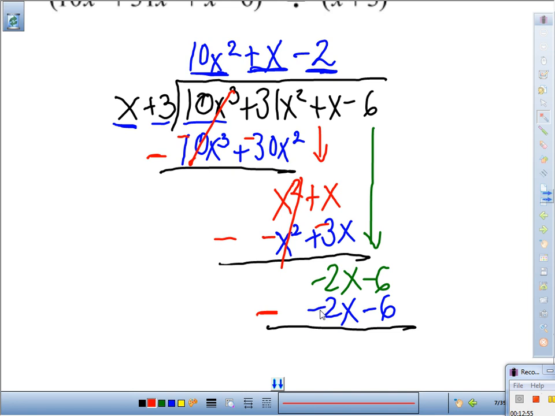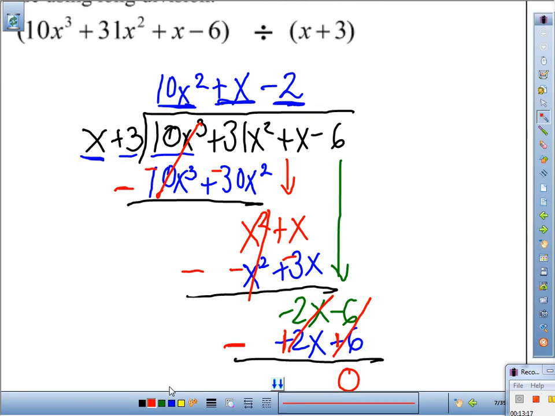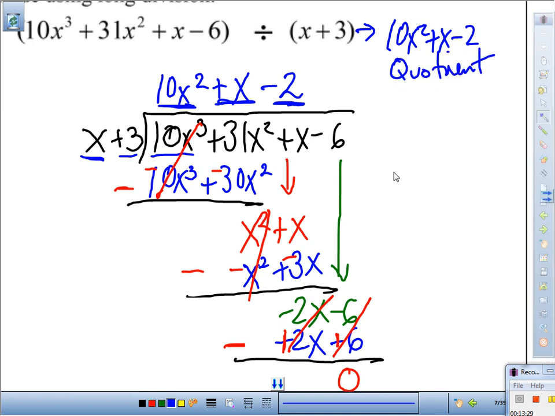Yes, because now this is the negative times the negative is a positive. Same thing with this one. So these cancel, and our remainder is 0. So what would we write? This divided by this is 10x squared plus x minus 2. This is my quotient.